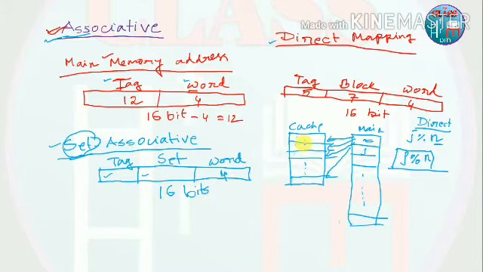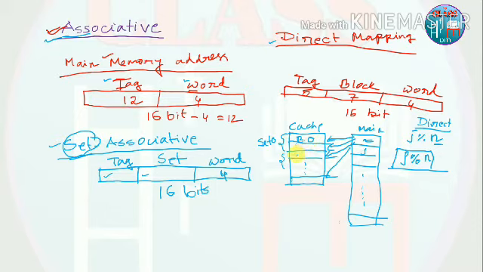But what will happen in the set associative? In the set associative, the cache memory blocks will be divided into different sets. Clear? Suppose this is set 0. In set 0, there are two blocks.